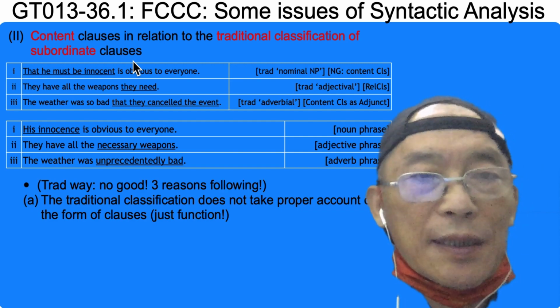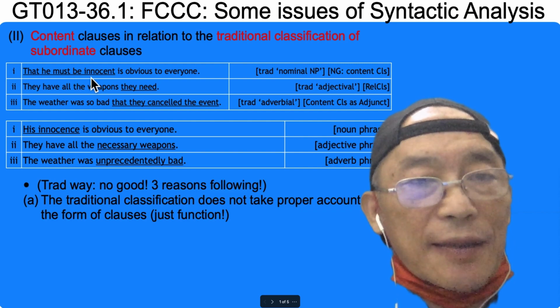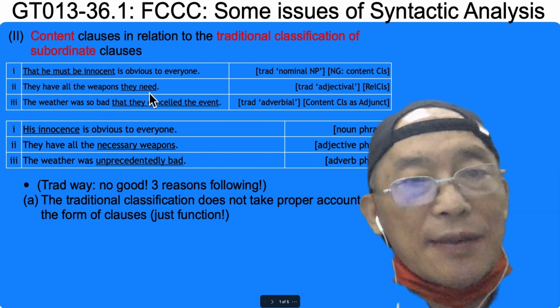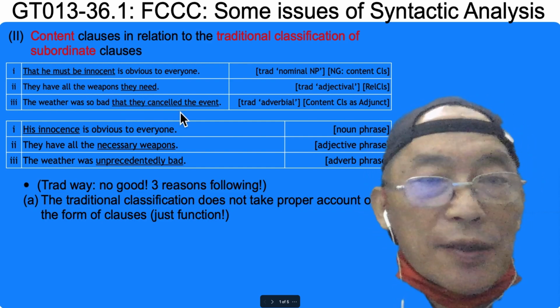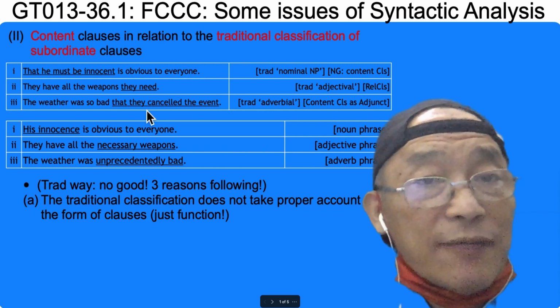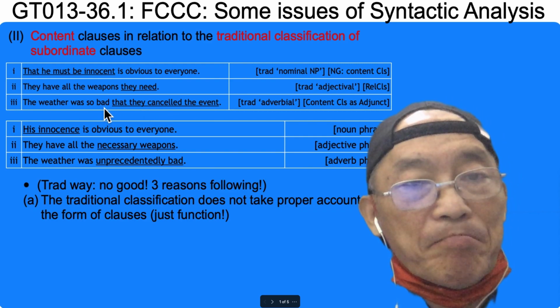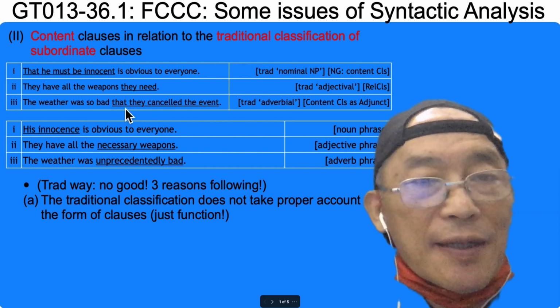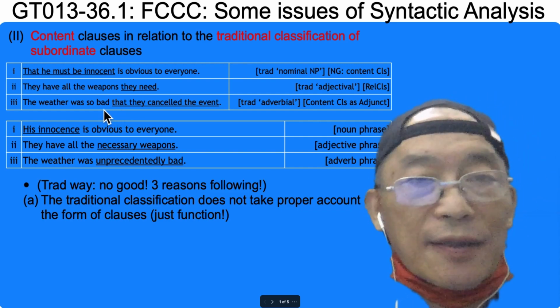So let's check. Traditionally, this is a noun phrase acting as subject, and traditionally, an adjective phrase modifies this noun phrase, and traditionally, an adverb phrase modifies this adjective. Or you can say so that altogether is acting as an adjunct modifying this adjective.